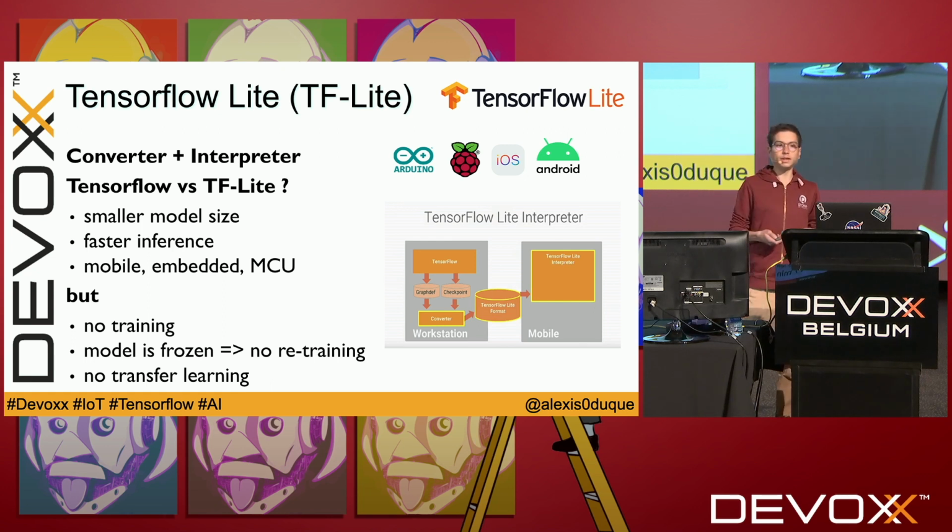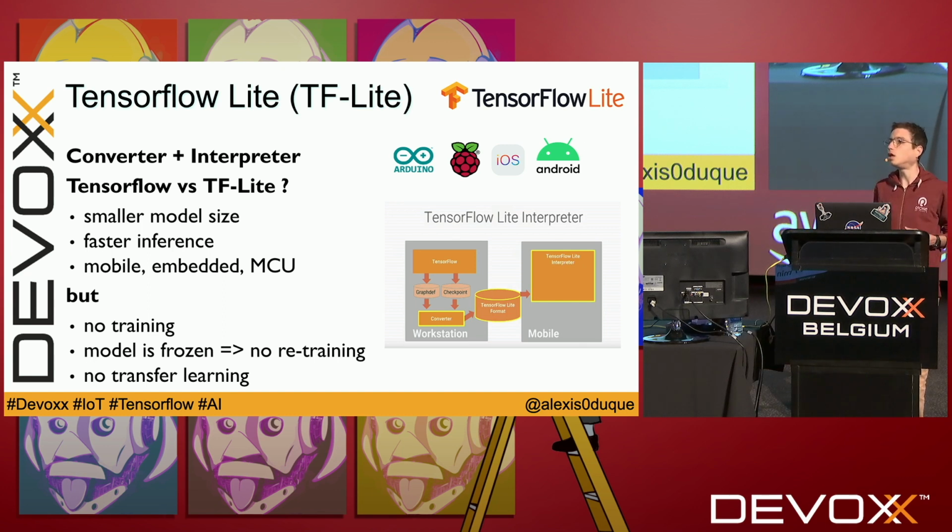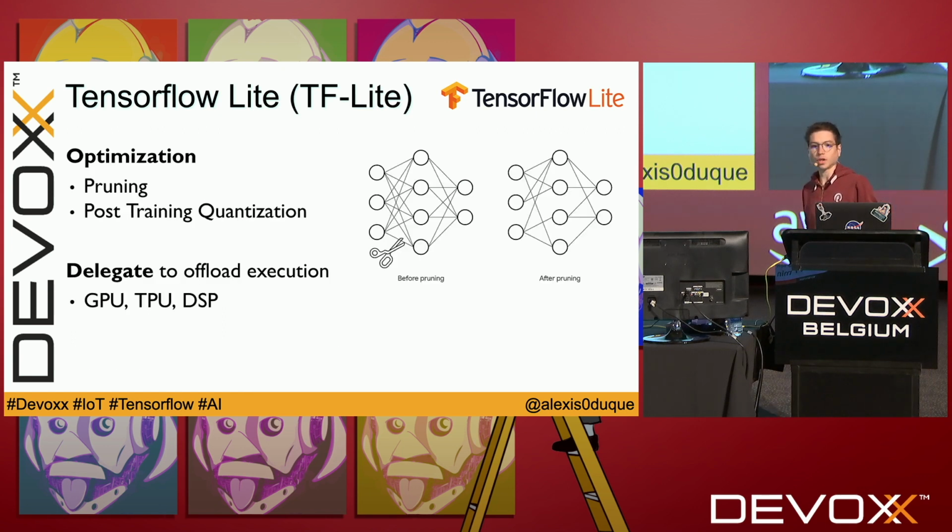So now we will see how to set up your laptop and your Raspberry Pi to use TensorFlow on one side and TensorFlow Lite on the other side. But before that, TensorFlow Lite comes with some optimizers that help you reduce the size of your model and make it infer faster.